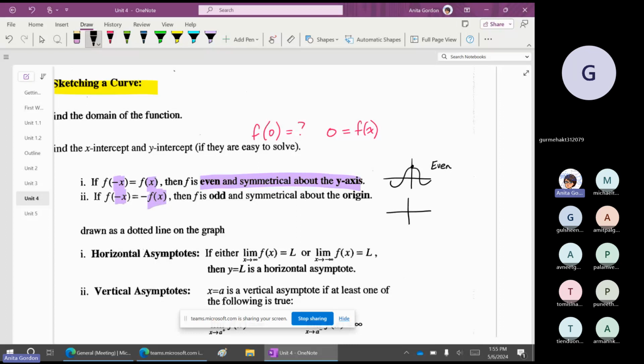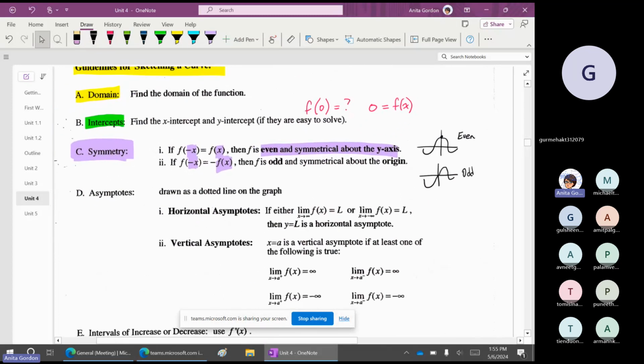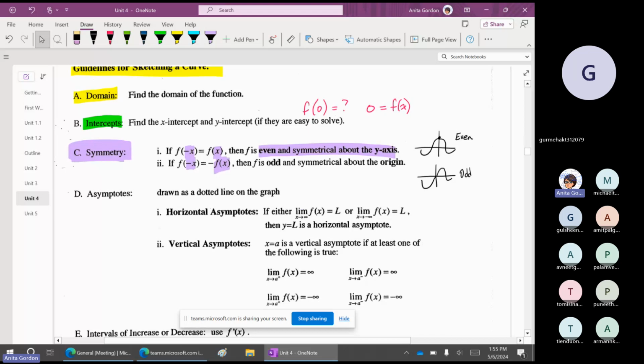Think of a sine: sine starts at 0, goes up, but if I go backwards, it goes down. So it's symmetric about the origin rather than about the y-axis. Symmetry will help us sometimes, but not always, but it is something we are going to check for.